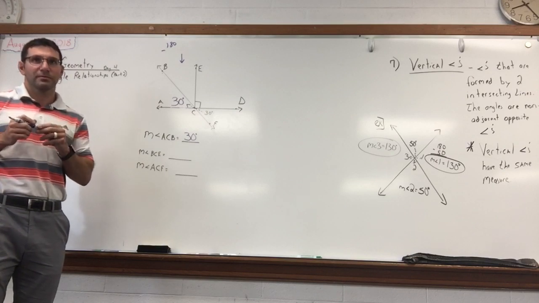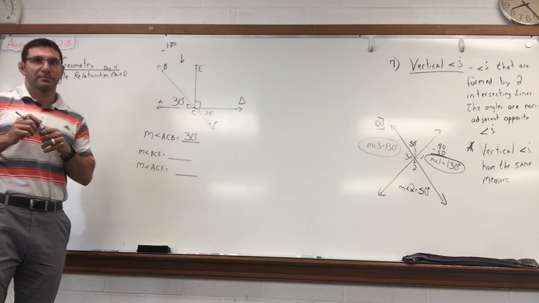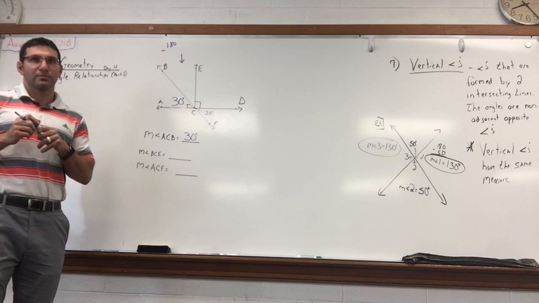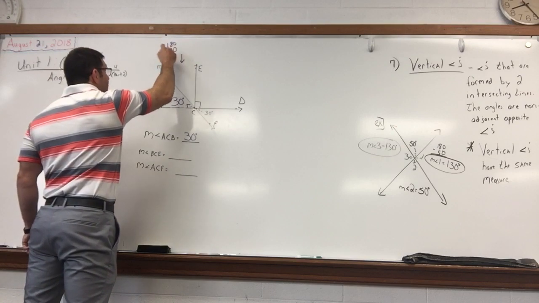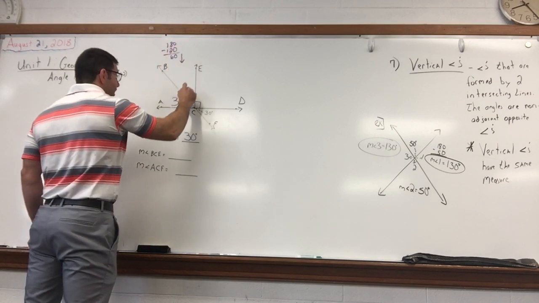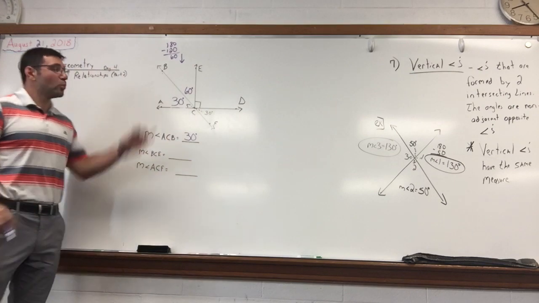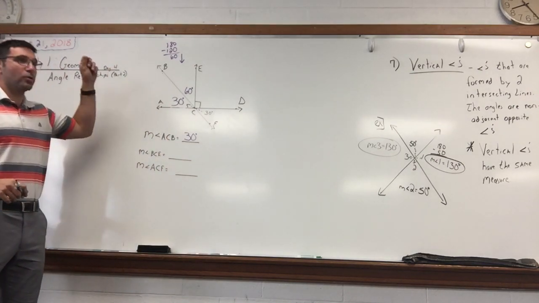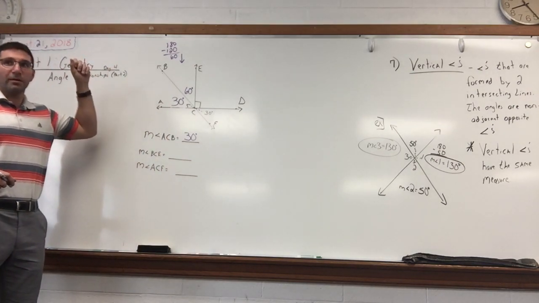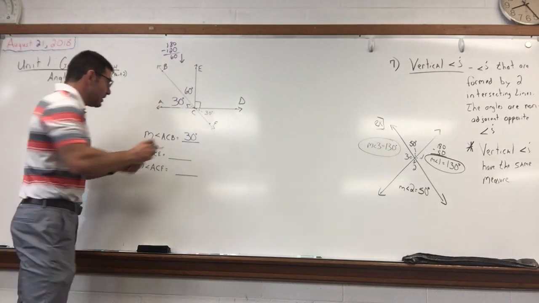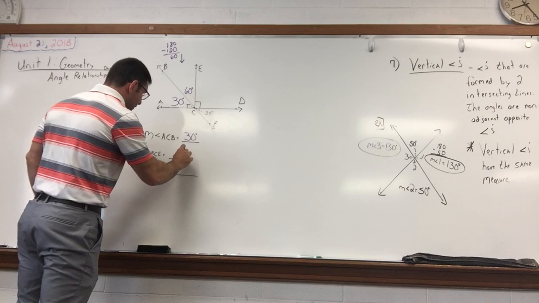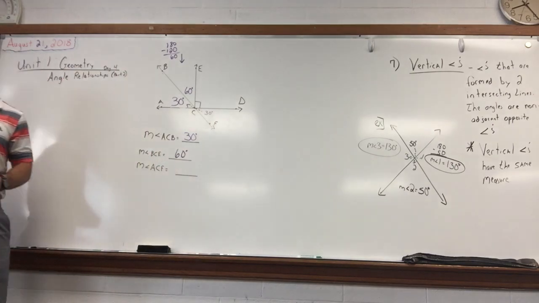Owen? 120. So I can do 180 minus 120 gives me 60. So this angle is 60 degrees. But which angle is that? Well, that's angle what? Somebody help me. BCE. So that's 60 degrees.